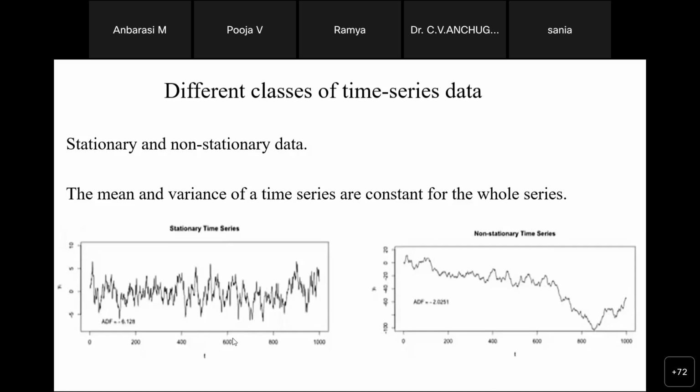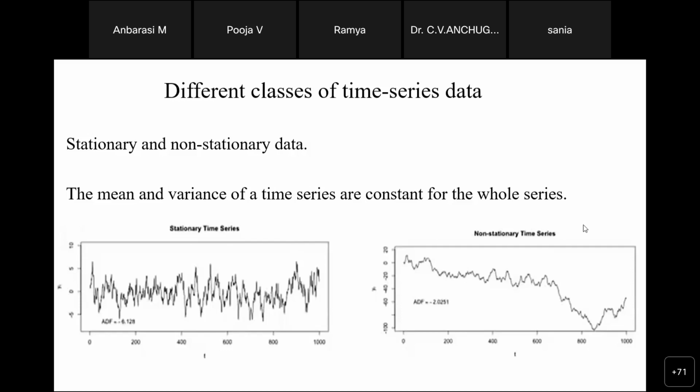From this figure, you cannot find any trend, seasonality, or whether it is an uptrend or downtrend. Nothing can be found. So that we can call stationary data.